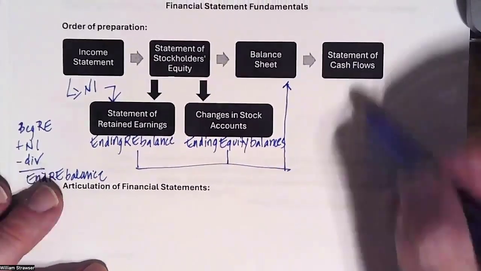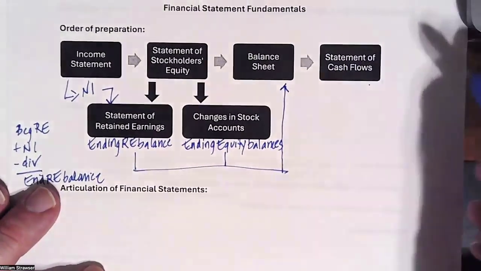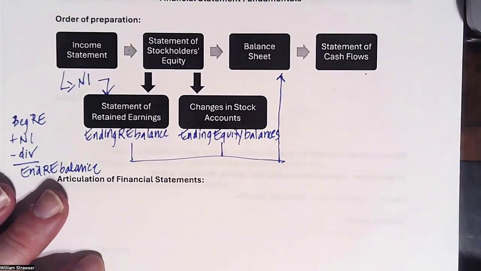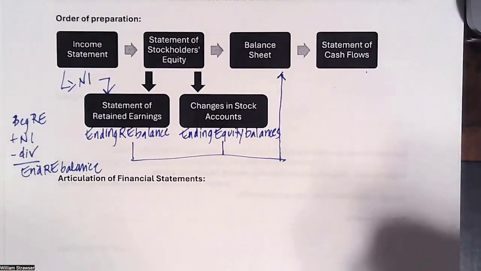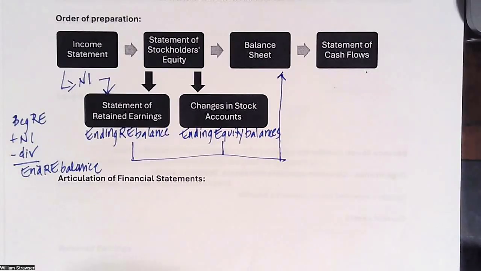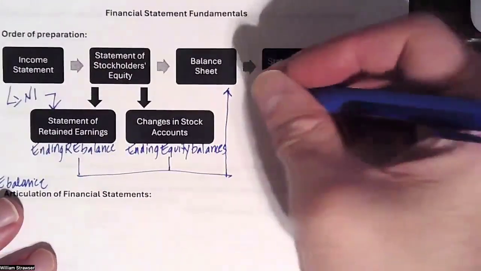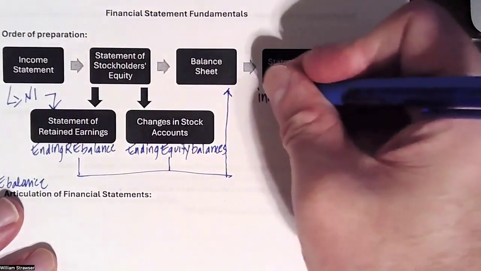And finally, why is the statement of cash flows last? Because we could do a statement of cash flows first if we did it in what we call the direct method, where we show every disbursement of cash, every payment of cash, every receipt of cash from the company. Yeah, we could record that first, but most companies use what we call the indirect method.